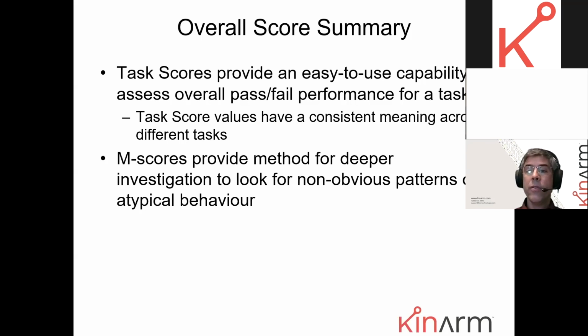So if you get some M scores that are high and they don't trace back to parameters, well, that means there's something more interesting going on. This is a way that you can potentially detect those kinds of patterns of behavior that might get missed using either just the Z scores or just the task score.